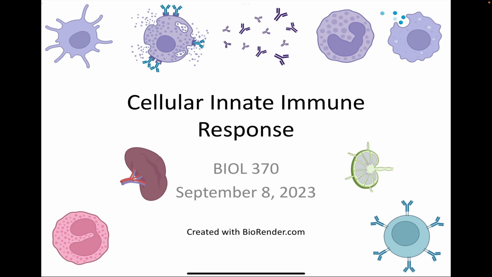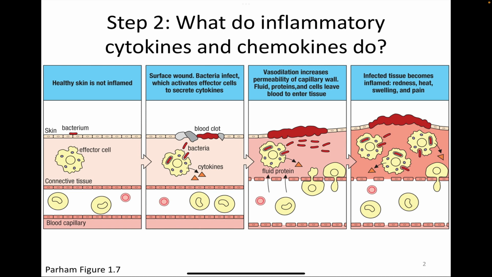But here is that idea about the cellular innate immune response. This is what we left off with on Wednesday. We've been talking about this process of inflammation. We saw an original body site, in this case a site in the skin, in a normal situation.